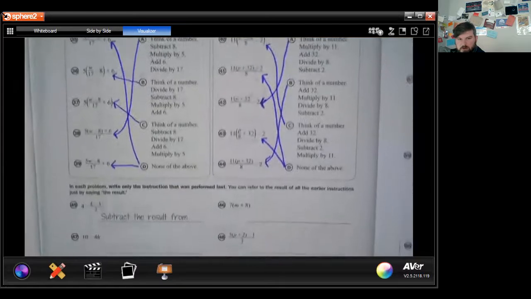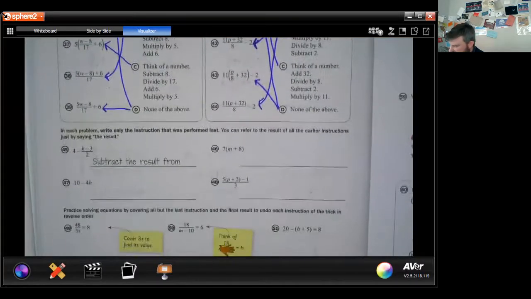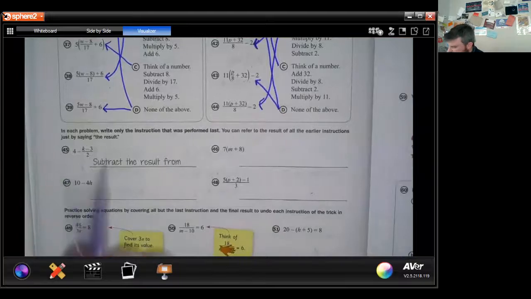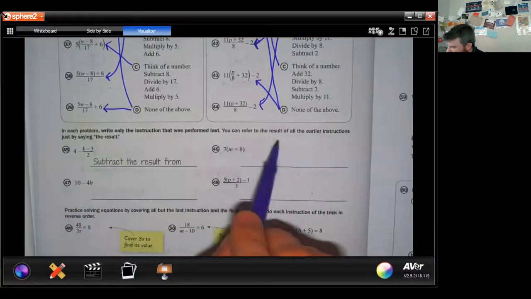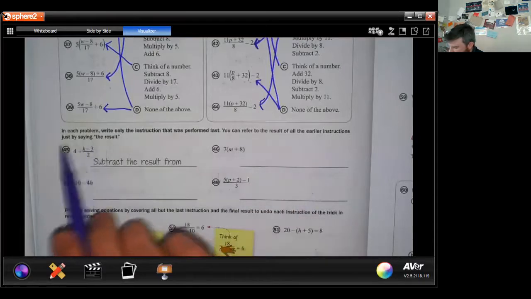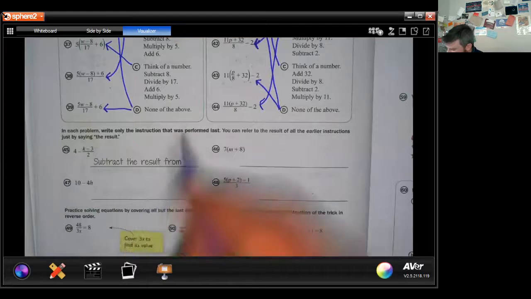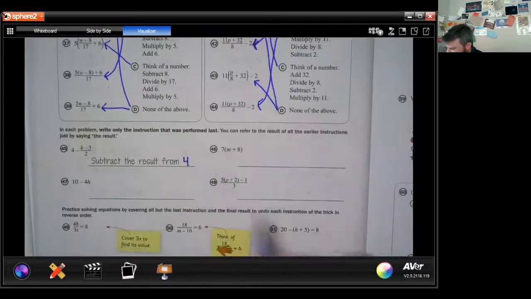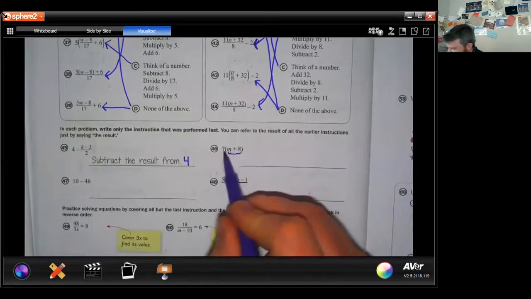Okay, so look through all your options with those. Okay, 45 through 48. In each problem, write only the instruction that was performed last. You can refer to the result of the earlier instruction by saying the result. So subtract the result from 4. Here's our result, and we're multiplying it by 7.